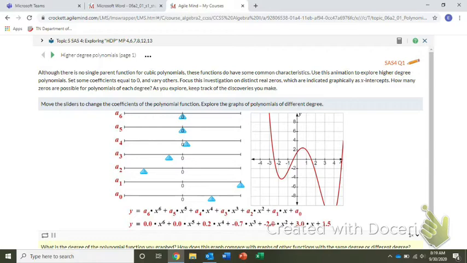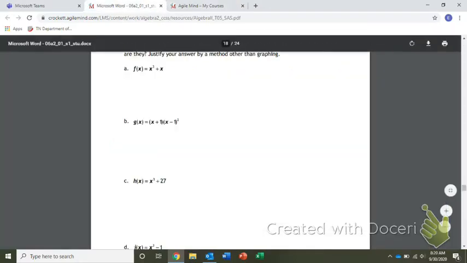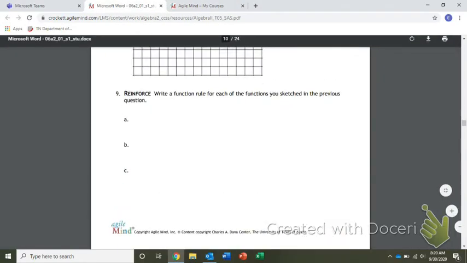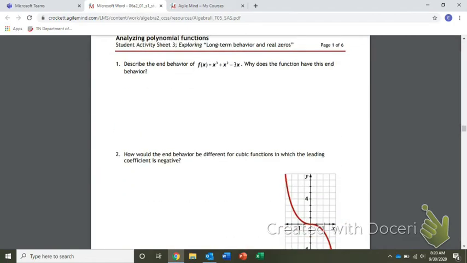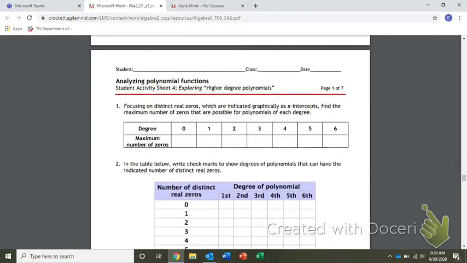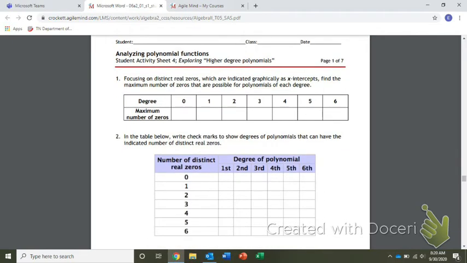So the pattern here for number 1 is that for degree 0, I have a maximum number of 0 zeros. If I have a first degree polynomial, I just have 1.